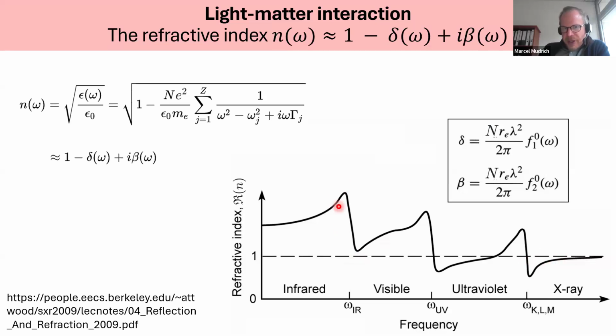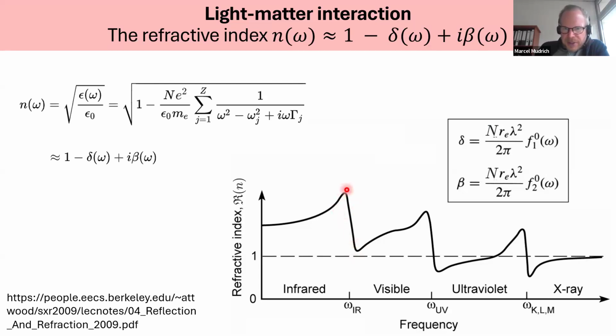This is called anomalous dispersion, whereas the rising edges are called normal dispersion. So normally we have increasing index of refraction as a function of frequency, but around these resonances we have a sharp drop, which is the anomalous dispersion.